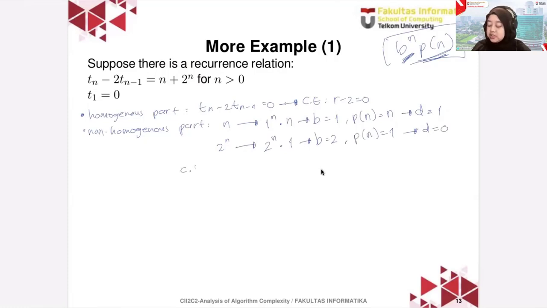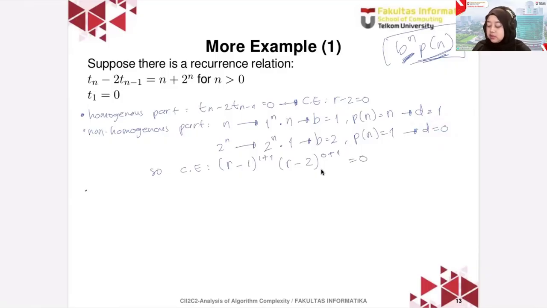So the characteristic equation will be r minus b, which is 1 for the first term, to the degree plus 1. That is for the first term, and we multiply it with the second term. For the second term, we have r minus b, which is 2, to the d plus 1, equals 0.